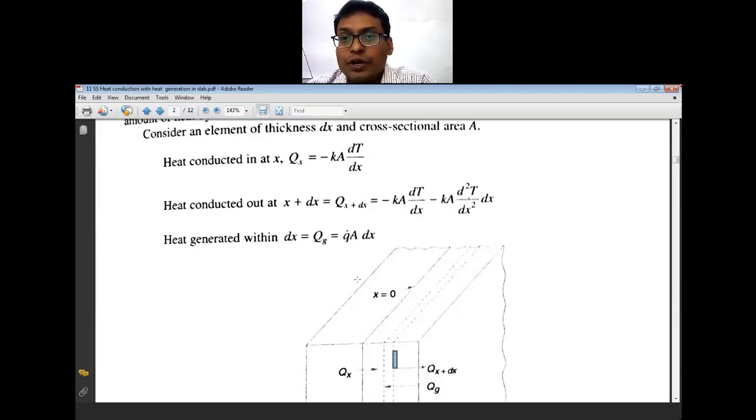That is minus kA dT by dx minus kA d2T by dx square into dx, and the heat generation within the system is considered as q dot A into dx.